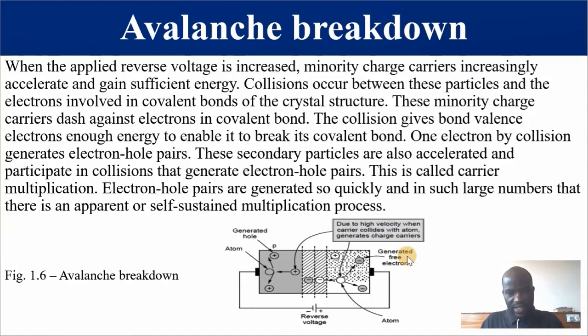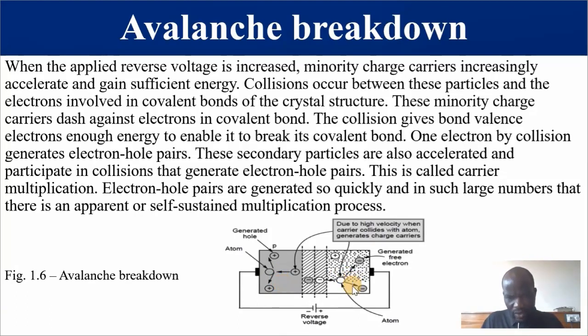This is the diagram showing avalanche breakdown, and as you can see, due to high velocity, it is going to collide with this atom, and it has generated two holes. These two that have been generated are also going to be accelerated and are going to collide with some atoms and generate new electron hole pairs.